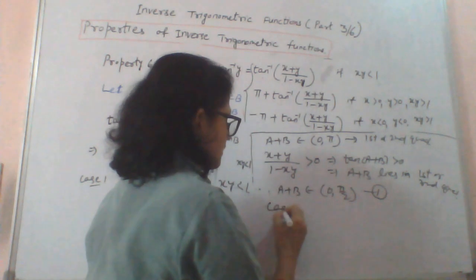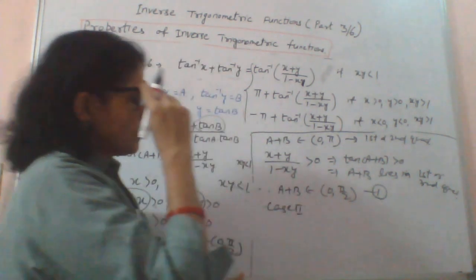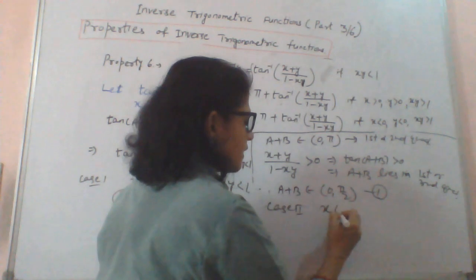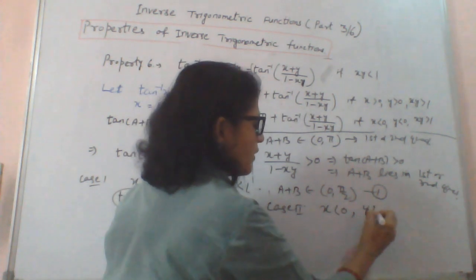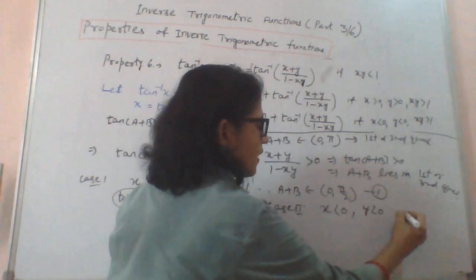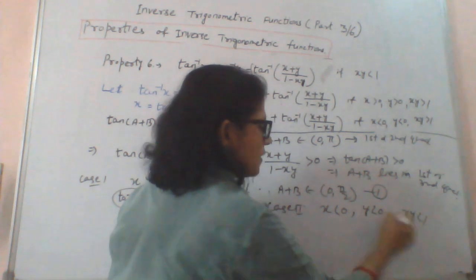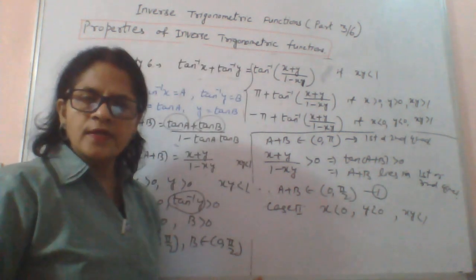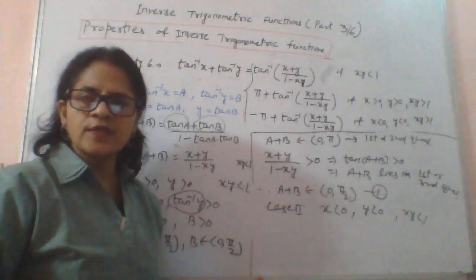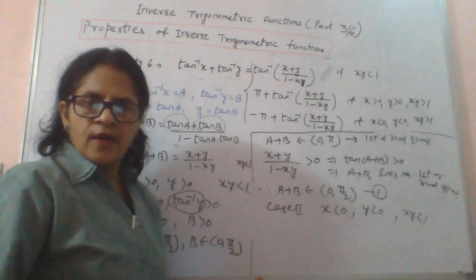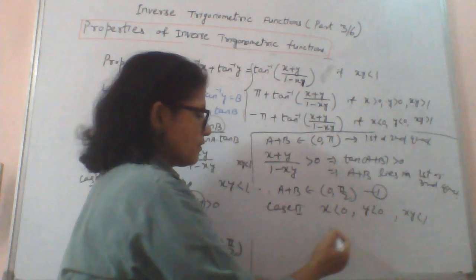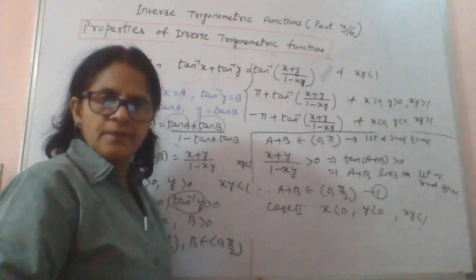So if I take case 2, in case 2, I may consider x negative, y negative, and xy less than 1, it is already given. When I take x negative, it means tan inverse x is negative, right? Tan inverse y is negative, so a is negative, b is negative.